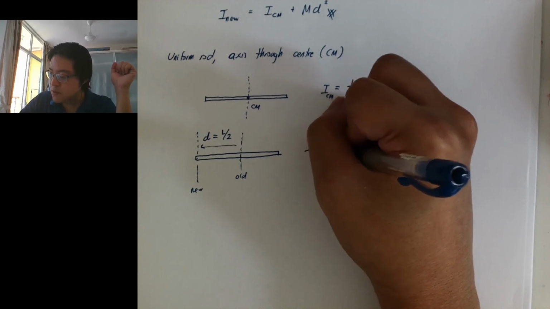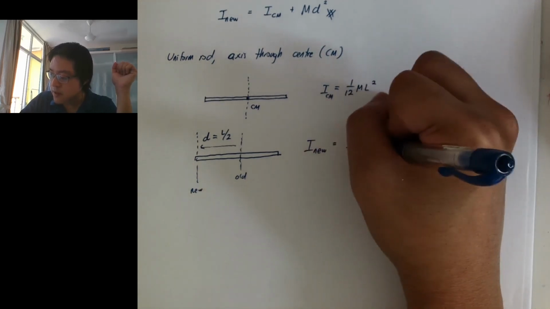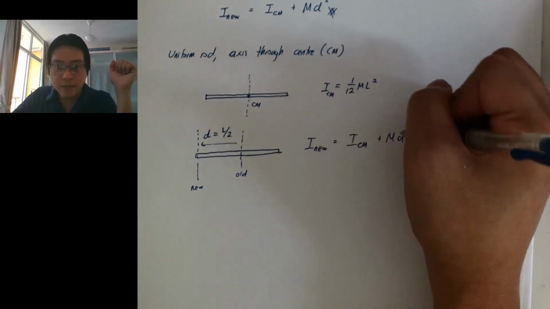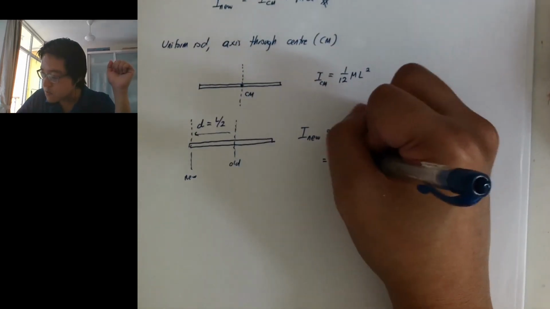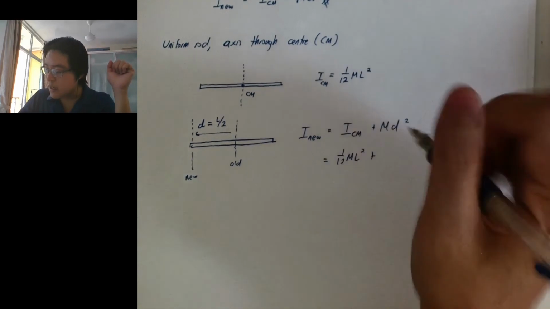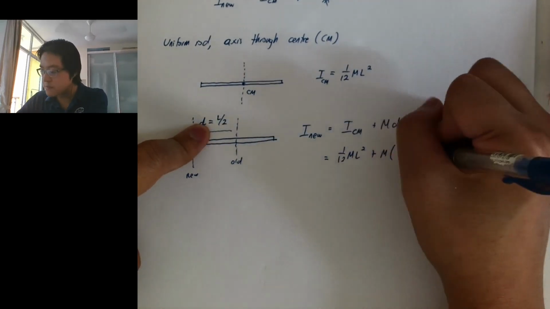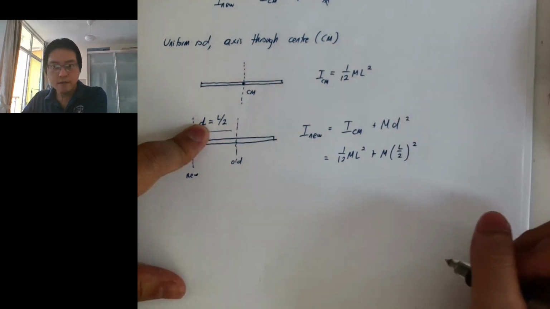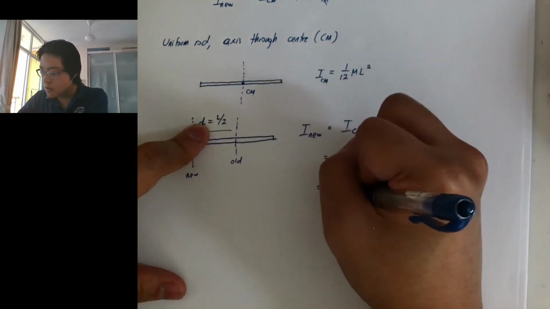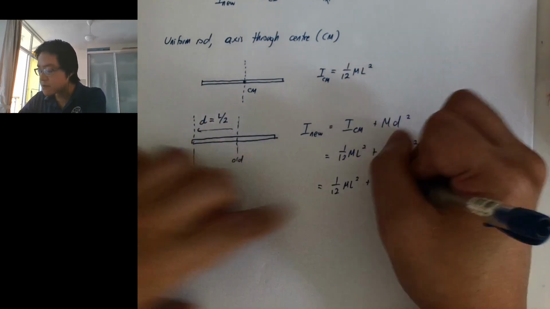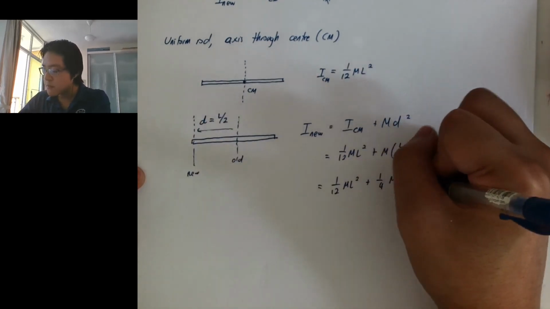So this is my new moment of inertia according to the parallel axis theorem. The formula is taking ICM plus md square. Am I right? So the ICM is 1/12 ml square, and then I shift it by this distance, so this is m times L/2 square. So I got 1/12 ml square, and then half square is quarter ml square.